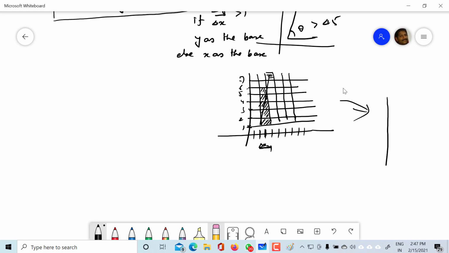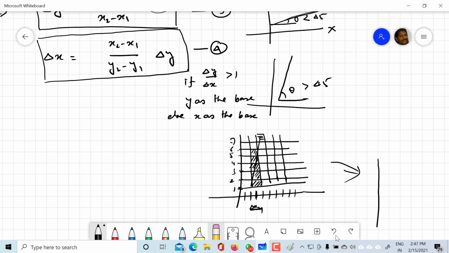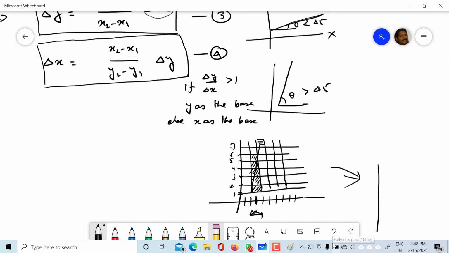So, in that case you get very good accuracy. That is why the DDA algorithm gives the option that if the inclination is more towards the x-axis, you should take the x-axis as the base, and if the inclination is more towards the y-axis, you should take the y-axis as the base. So, these are the main themes.